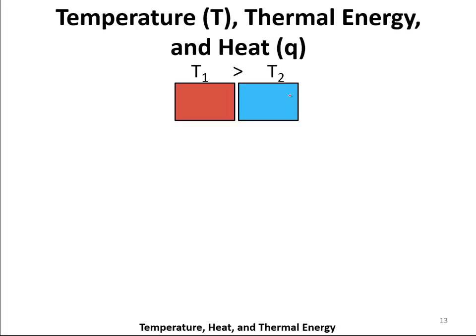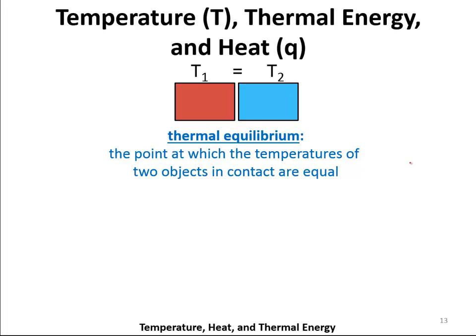Since they're at different temperatures, by the zeroth law of thermodynamics, we know that heat will flow from the hotter object to the cooler object. And that heat will flow until the temperatures become equal. At that point, we've reached what's called thermal equilibrium. Thermal equilibrium is the point at which the temperatures of the two objects in contact are equal to each other.